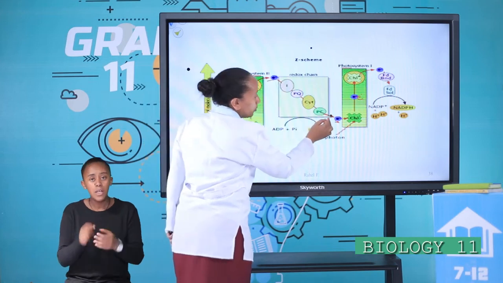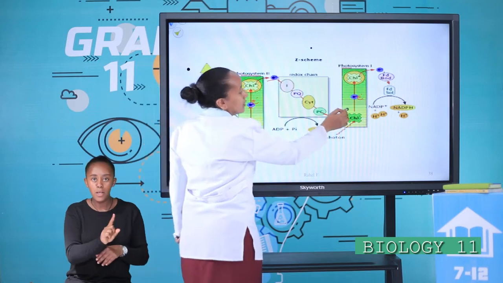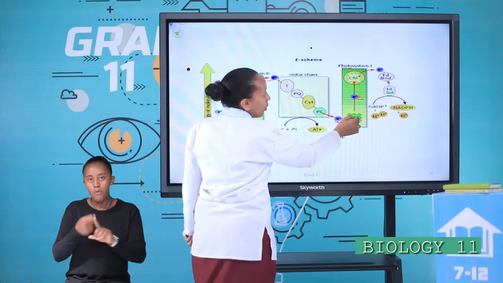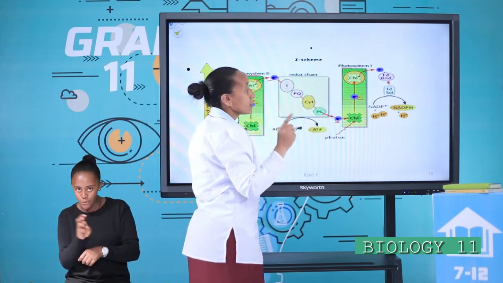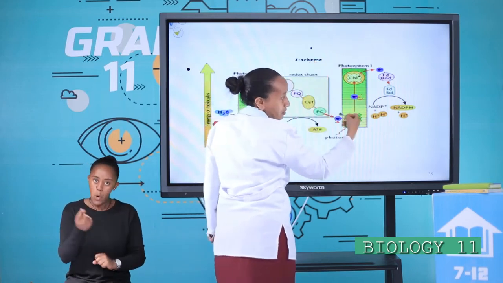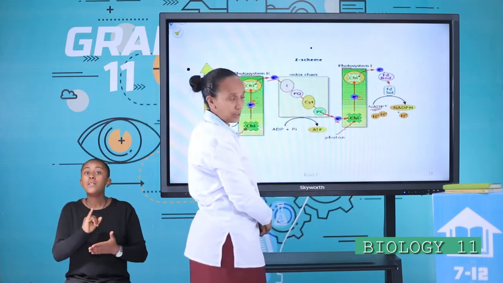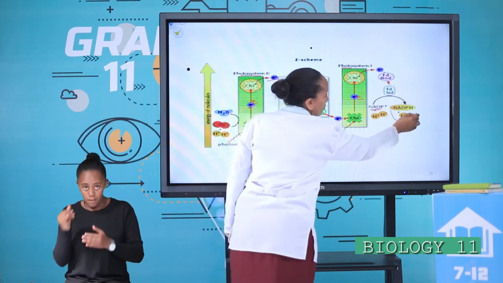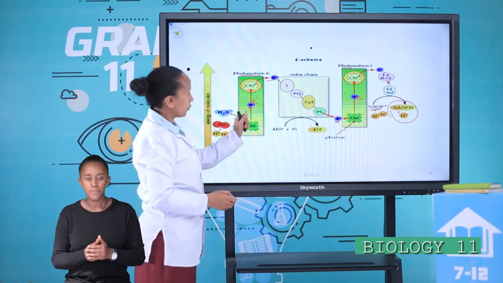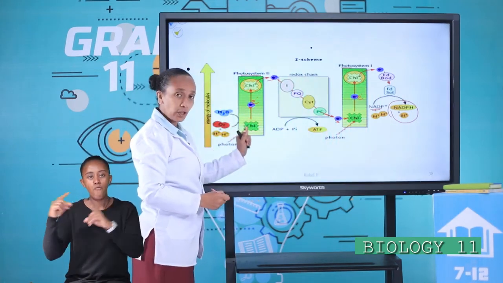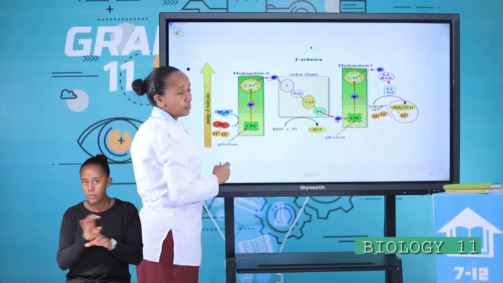This electron passes until it is accepted by photosystem 1, and the electron lost from photosystem 1 will pass to the second electron transport chain, and it is accepted by the last electron acceptor, that is NADP, and finally it will form NADPH. Here photosystem 2 has shortage of electrons because there is no electron replaced for the excited part.